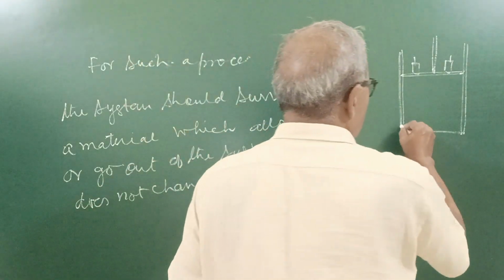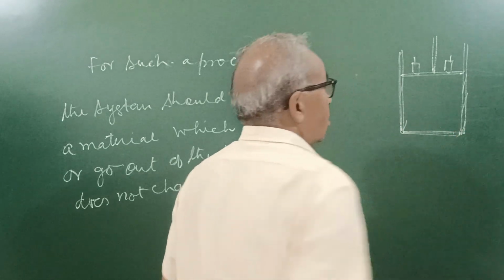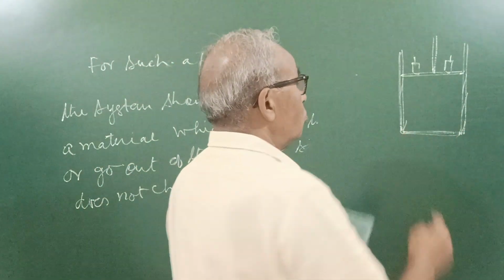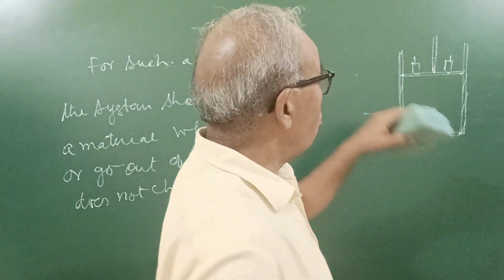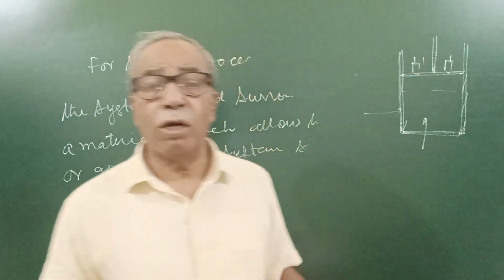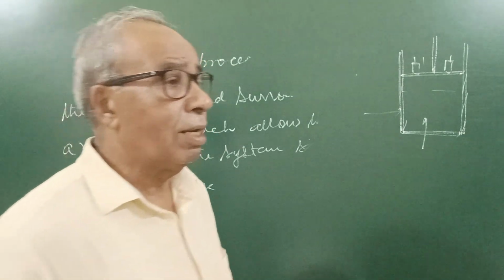So, this surrounding, this material of the piston should be perfectly ideal conductor, so that whatever the loss of heat takes place, the same goes in. Now, if we compress the gas by increasing pressure, then work will be done and internal energy will increase, temperature will increase.